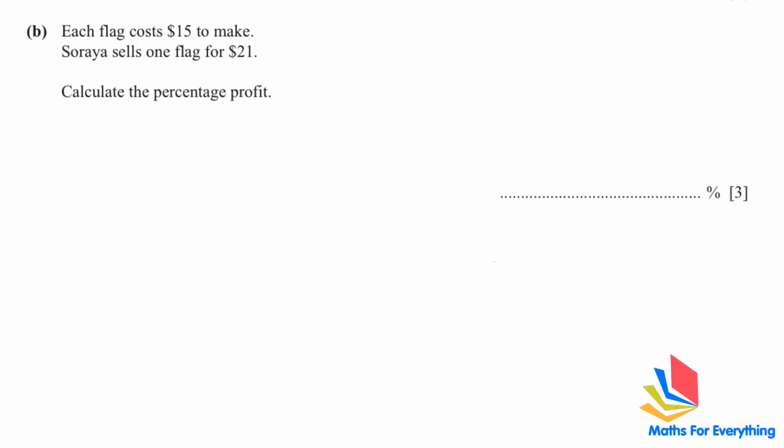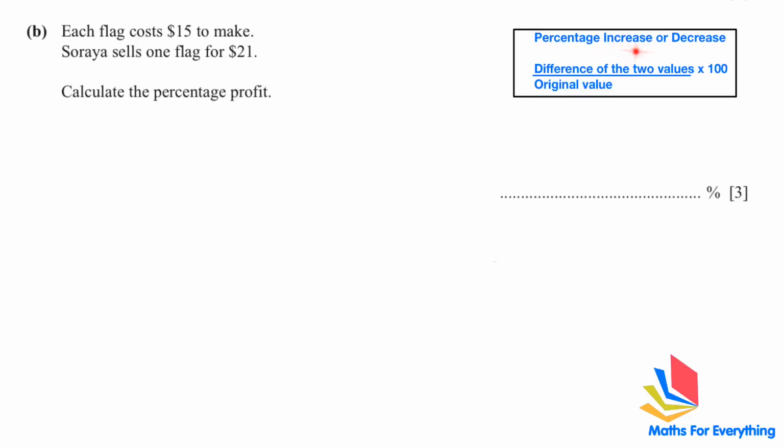Part B. Each flag costs $15 to make. Surya sells one flag for $21. Calculate the percentage profit. To find the percentage profit or increase or decrease, there is only one simple formula. You write the difference of the two values.